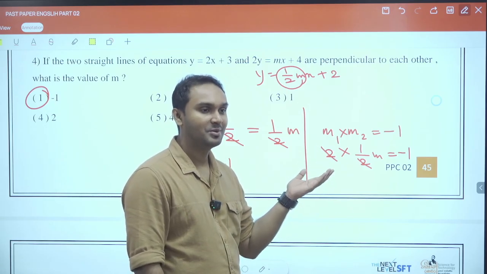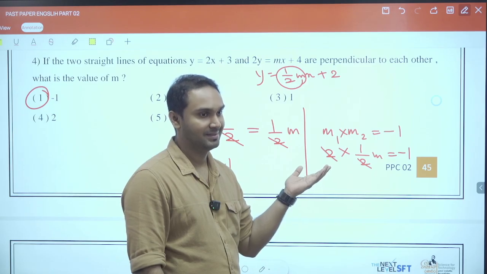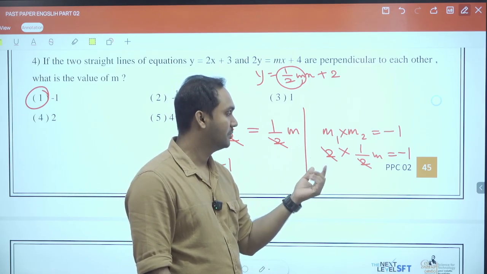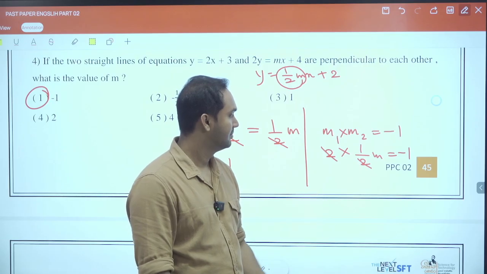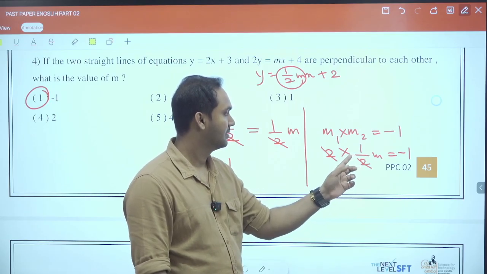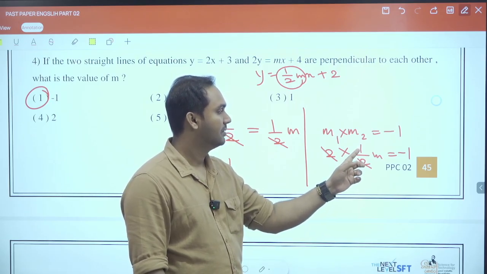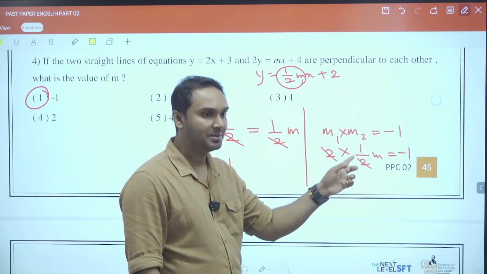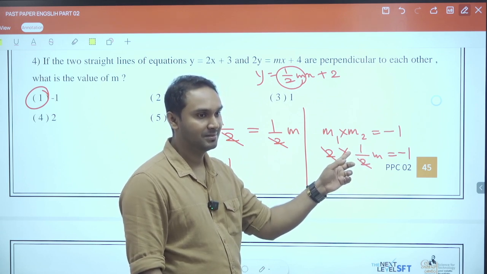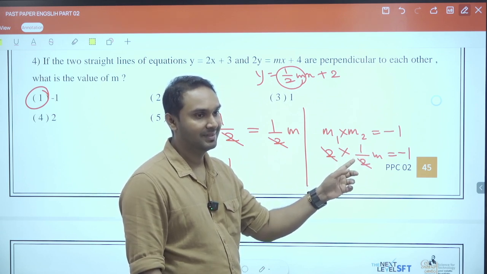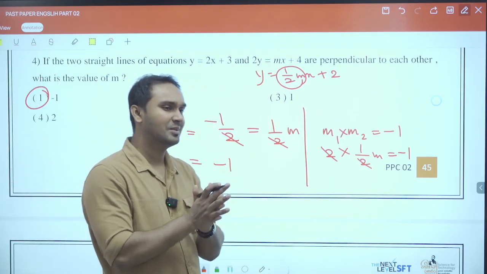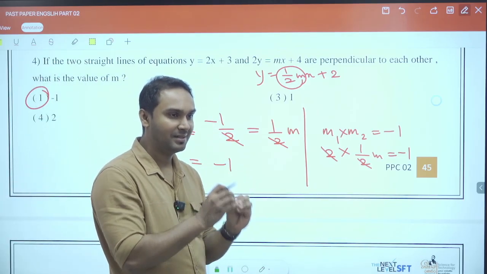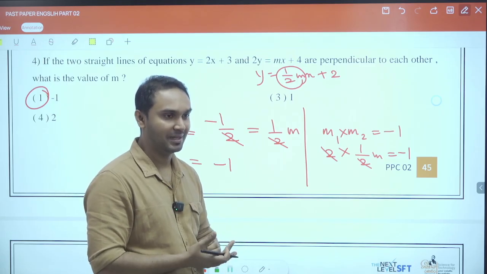Bro, you just have to do the simple math, simplifying it. Suppose this could be any value here. But don't take all the things note by note. Don't do that.